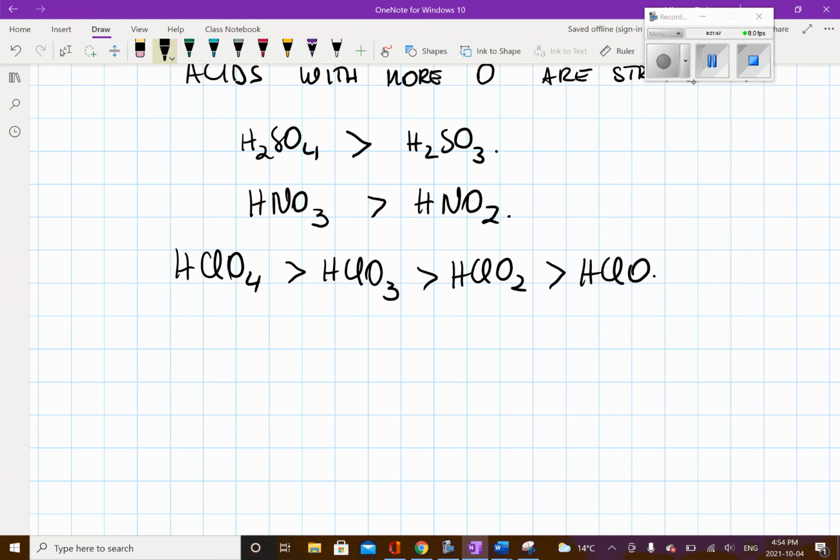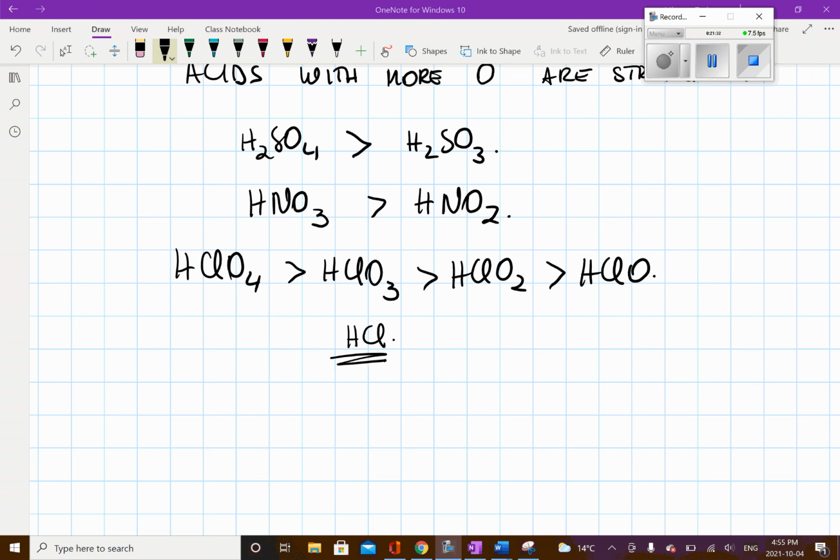But the strongest of all is HCl, because it doesn't have any oxygen. So you can use the oxygen atoms as a strategy for defining which one is stronger and which one is not.